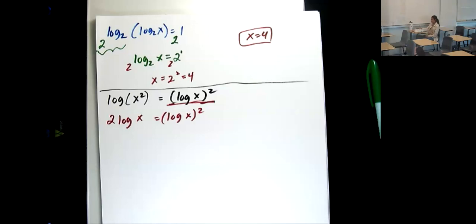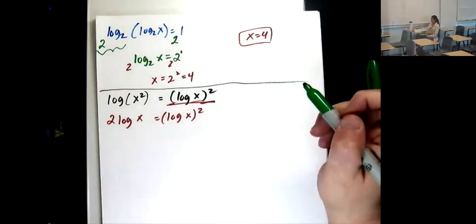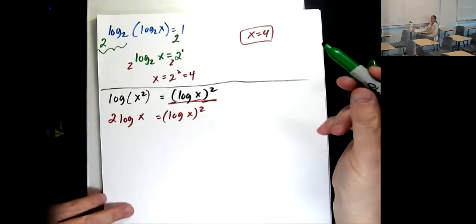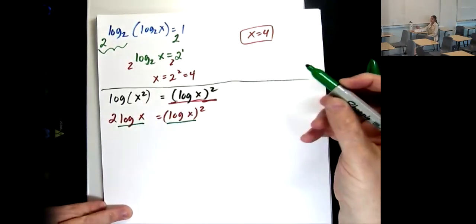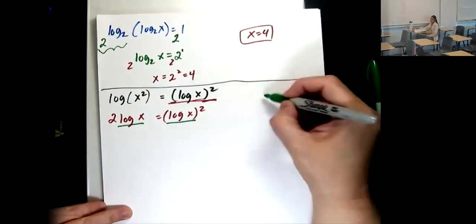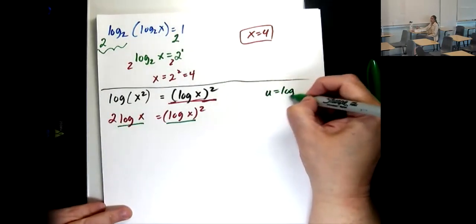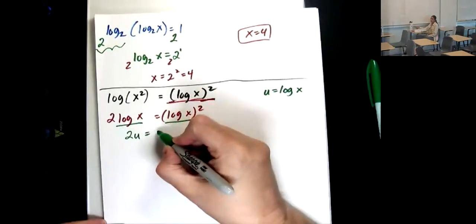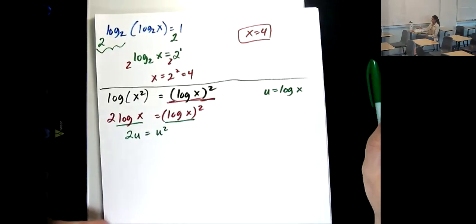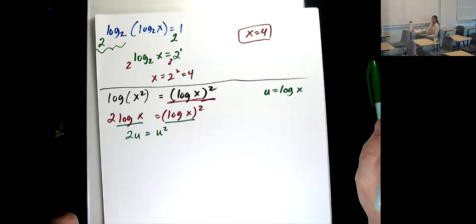One thing we could do, and we're definitely going to need to check our work later to make sure it works, is notice I've got log x on both sides. If I say u equals log x, this becomes 2u equals u squared. And I can solve this.